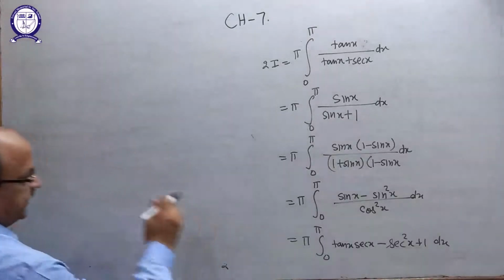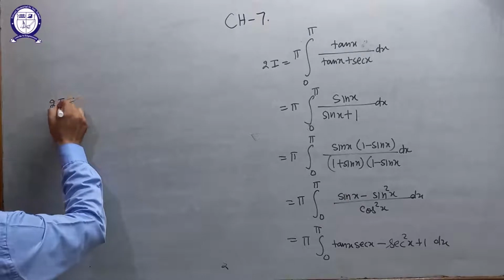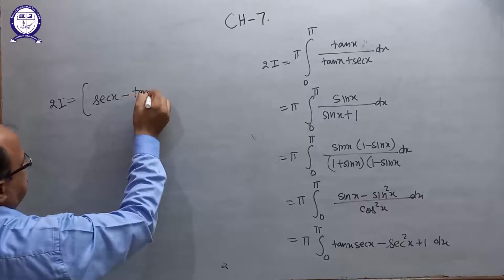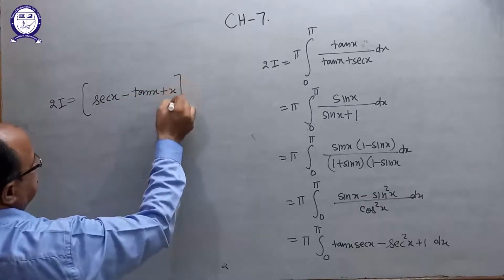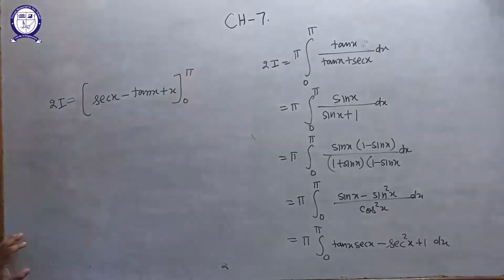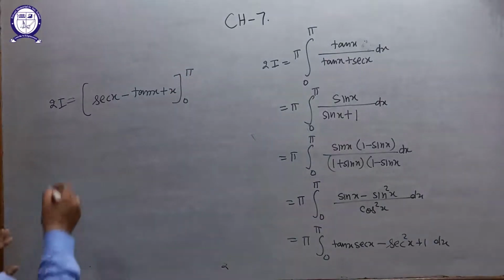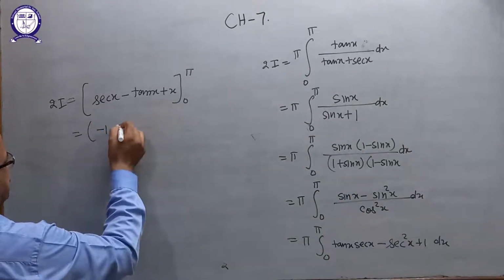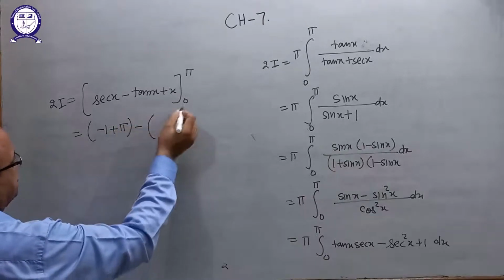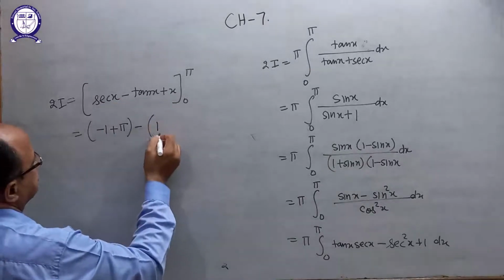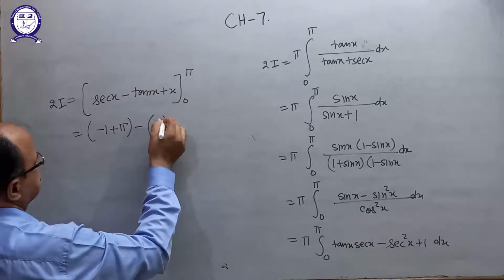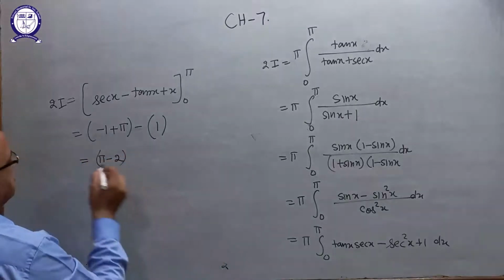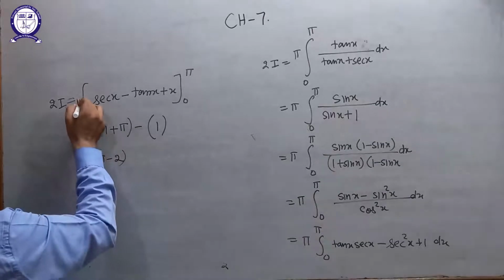Now integration of tan x sec x, you know very well, is sec x, and integration of sec square x is tan x, and minus x, from 0 to pi. Further, apply the limit: sec pi is minus 1, tan pi is 0, that is pi, minus put 0, sec 0 is 1, and tan 0 is 0, so that is pi minus 2, and pi is also written in the question.